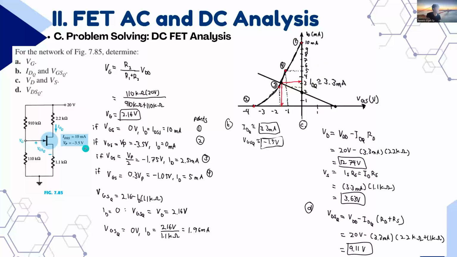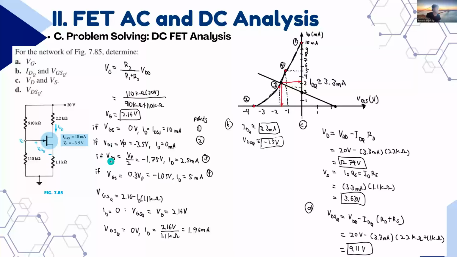Then the second, if VGS is equal to VP, negative 3.5 volts, ID is equal to 0. So that will be our second point. We apply here negative 3.5 volts as our VGS.